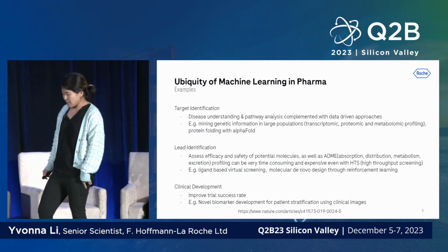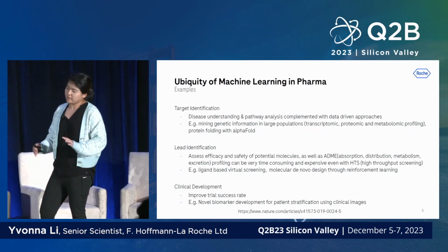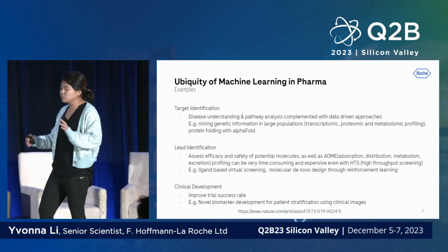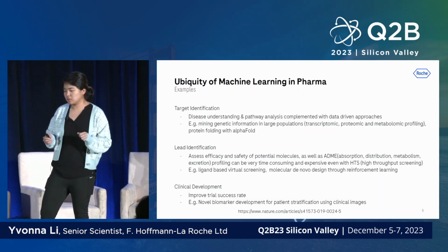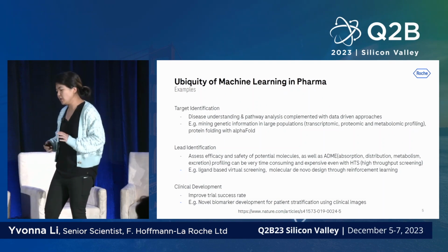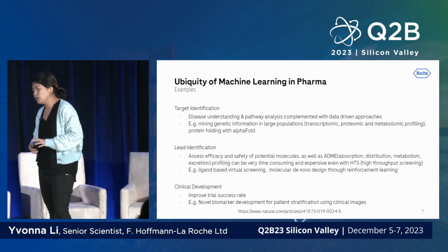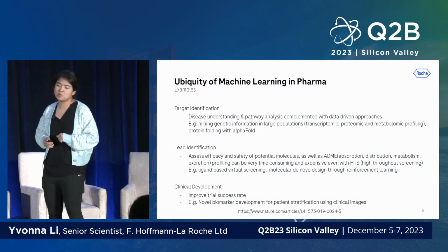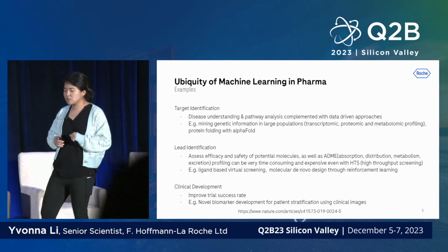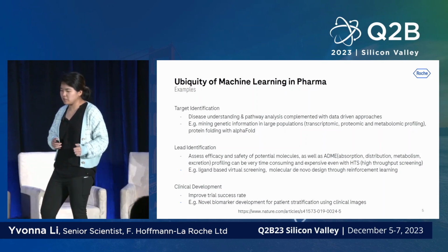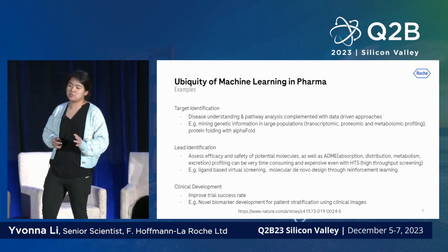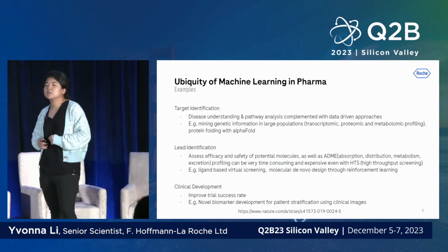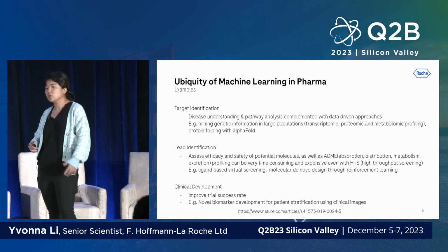And even despite our best efforts so far to identify the most druggable target and to optimize our molecule, due to the complexity of human biology, response to treatment in the population is still very heterogeneous. So within the same disease indication, patients can have different levels of response to the treatment.